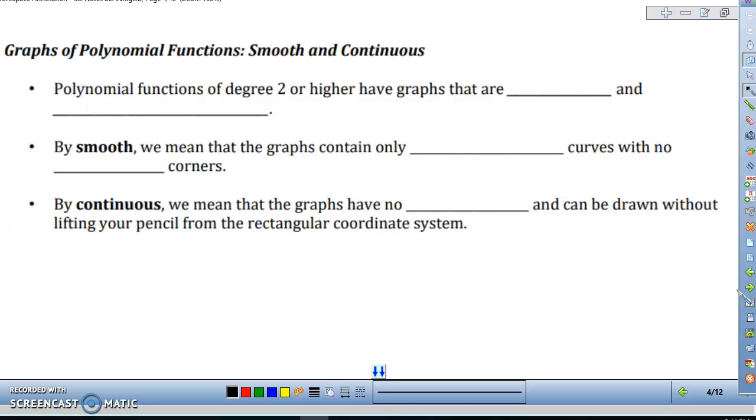Talking more specifically about what these polynomial function graphs look like, they are defined as being both smooth and continuous.